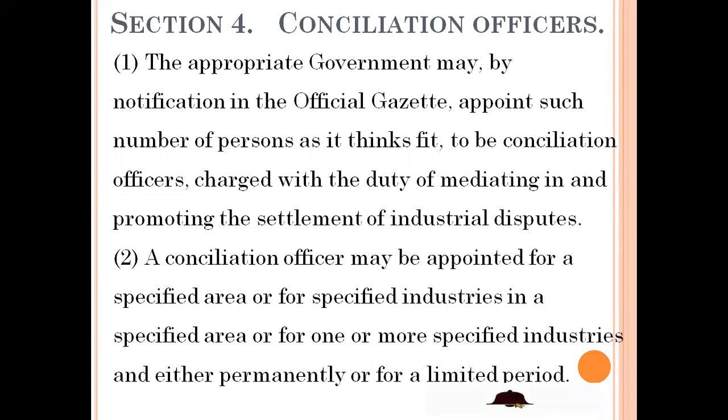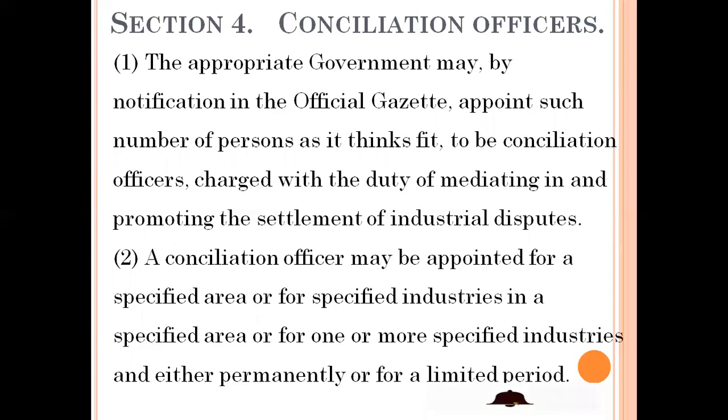The second one is conciliation officers. Section 4, conciliation officers. The appropriate government may, by notification in the official gazette, appoint such number of persons as it thinks fit to be conciliation officers charged with the duty of mediating in and promoting the settlement of industrial disputes.